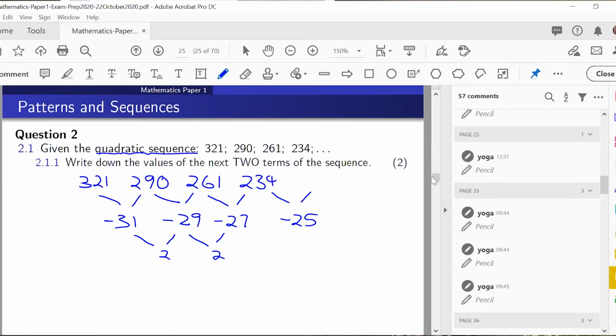So that means that the number that should stand here is 209. And if we are to move on with the differences, minus 23, and the next number is 186.